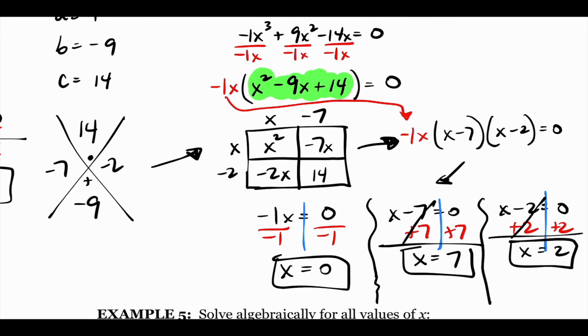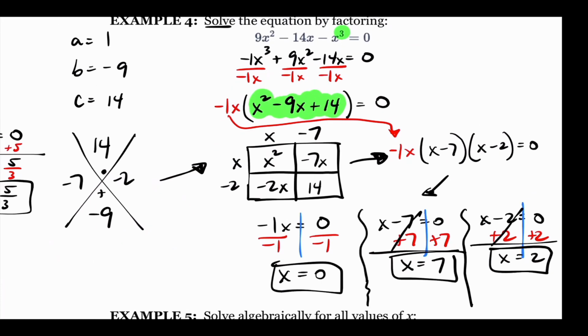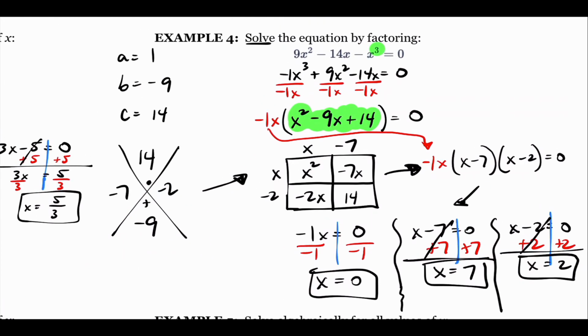I get 2 as an answer. How many answers at the beginning did I say I should have at the end? 3. And there they are. 0, 1 box. 7, second box. Third box, positive 2. Enter, enter, green check.